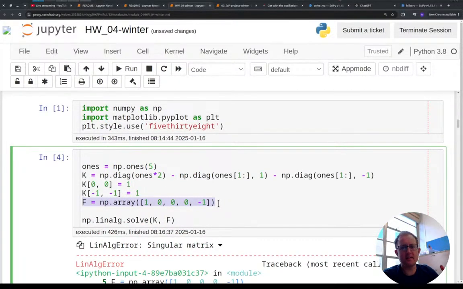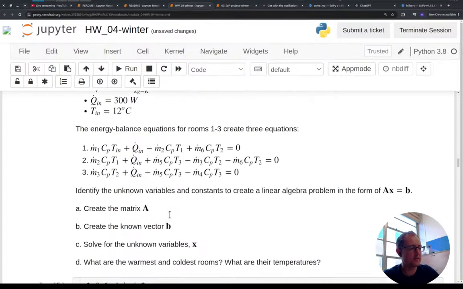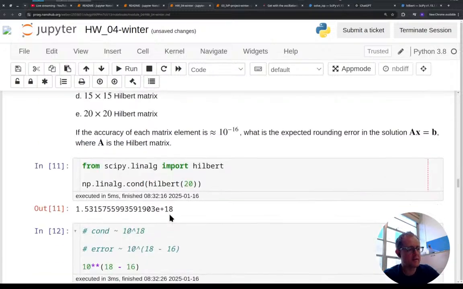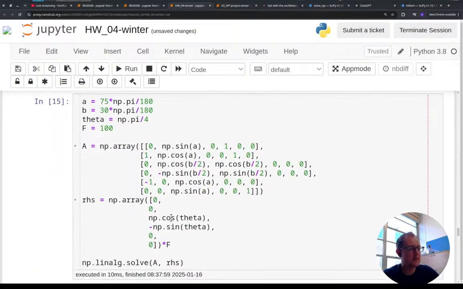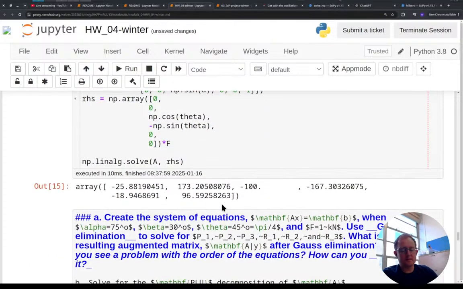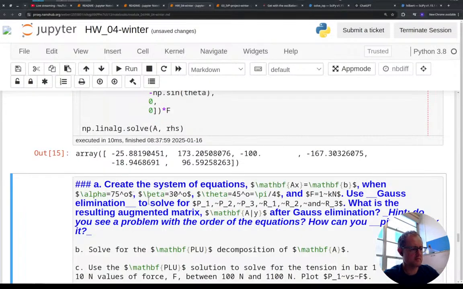So I still had an array that was length 5, trying to multiply it by an array that was length 6. That's why it was giving me that error. So I needed to overwrite that value of f, and now I'm good to go. And so there is a solution to this problem, and it works pretty easily. Usually, what happened here?